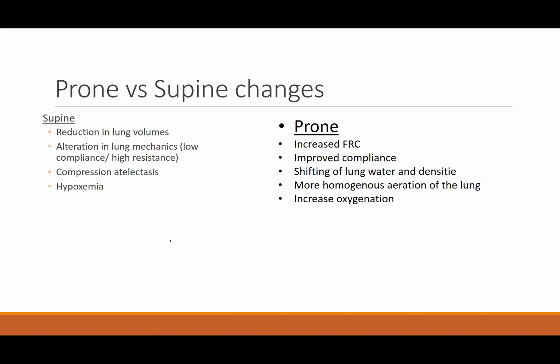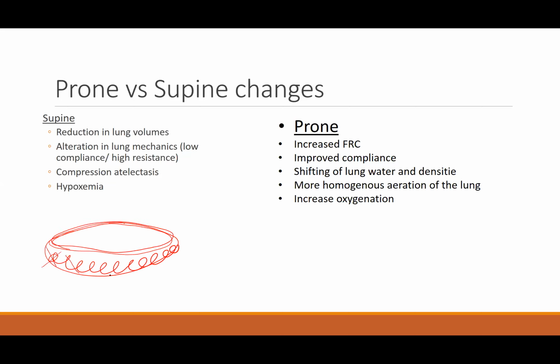So I wanted to look real quickly at what the benefits of prone versus supine are. When we have someone in the supine position, of course, here's our supine patient, and here are their dependent lung opacities. So what does this mean? I'm going to get a reduction in the lung volume because the only space that I can actually ventilate is this space right here.